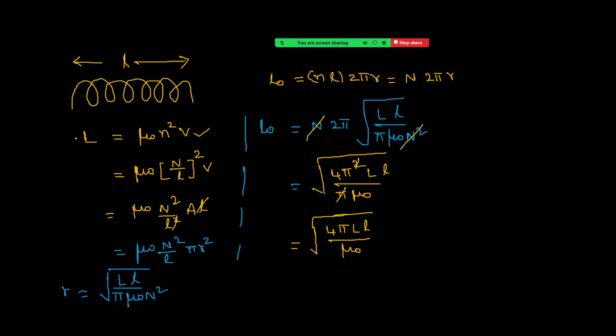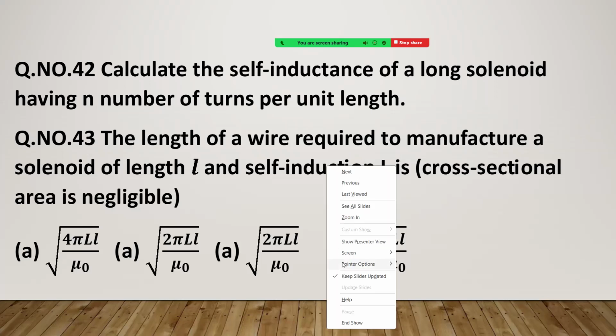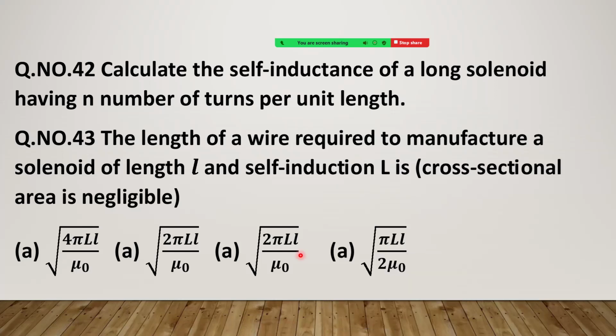And this is now the coefficient of self-induction or simply self-inductance. Right. So I hope you got the clarity. So coming to see which is the correct option, it is 4 pi L by mu naught, right, under root. It is option A, right? That is the correct one.